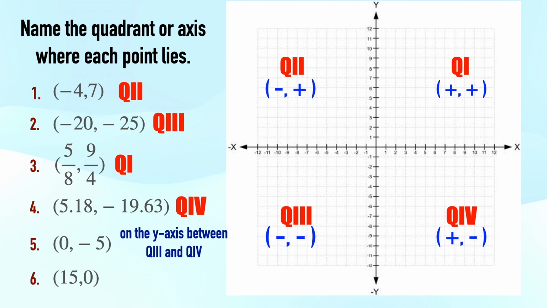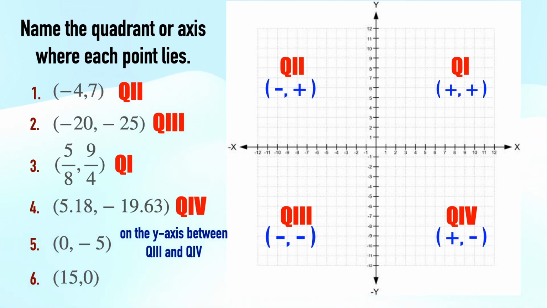Yung 15, 0. So, x is 15. Yan yung x coordinate. Yung 0 ay y coordinate. So, yung 15 ay nasa x-axis. Sir, hanggang 12 lang po. Di tuloy natin 12, 13, 14, 15. So, 0 yung y.